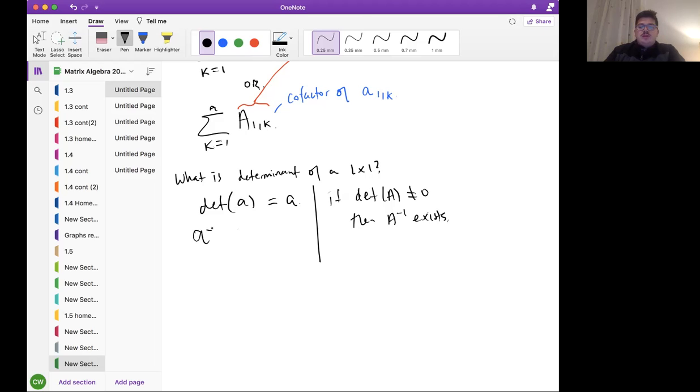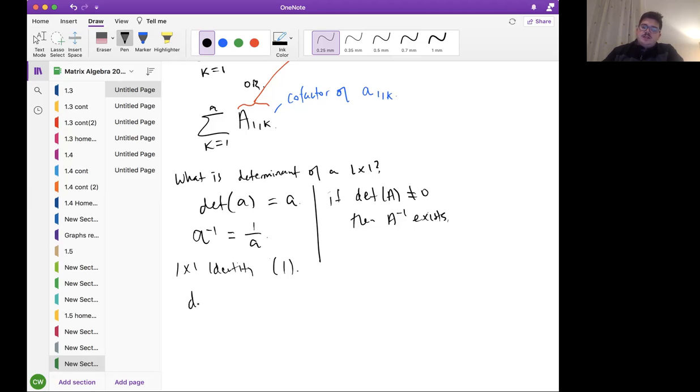What is the inverse of a number? Let me ask this. What's the identity matrix for a 1x1? Right, it is going to be the reciprocal, yeah. While we're here, what's the identity for a 1x1? What does the matrix look like? It's silly calling them matrices, right? Because they're just numbers, right?